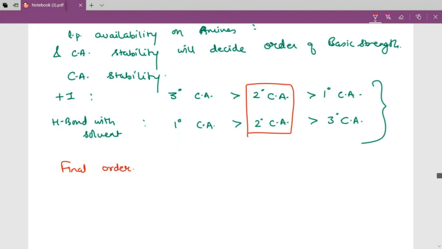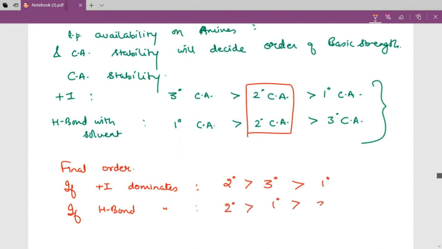Final order: if plus I dominates, then 2-degree, then 3-degree, and then 1-degree. If H bond dominates, then it should be 2-degree, then 1-degree, and then 3-degree.